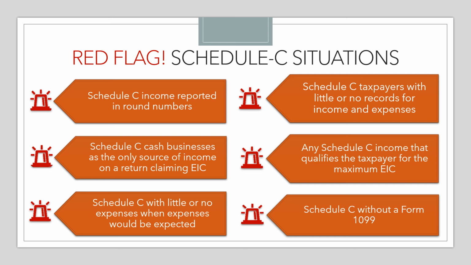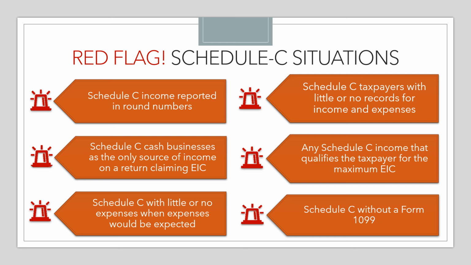And then any Schedule C income that qualifies the taxpayer for the maximum amount of earned income credit. Like I was talking about before, if it seems like there's some manipulation of the income or the expenses to get that maximum amount, that's a warning sign.